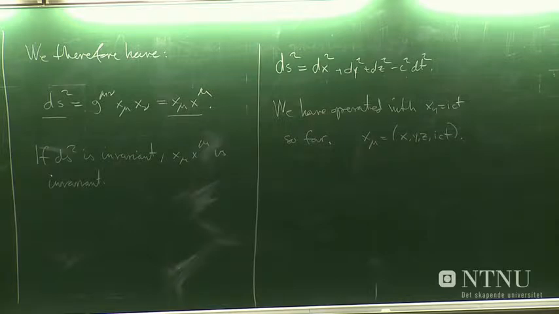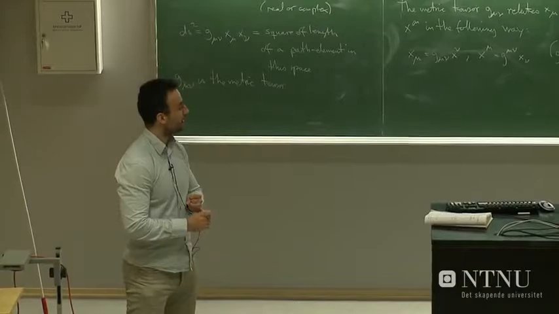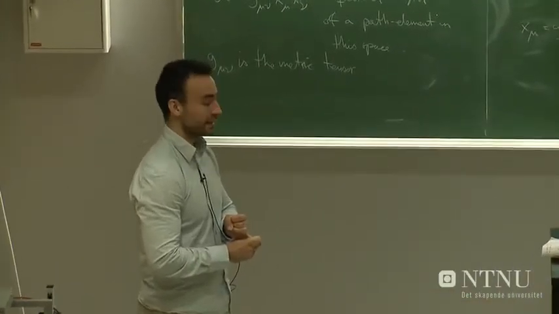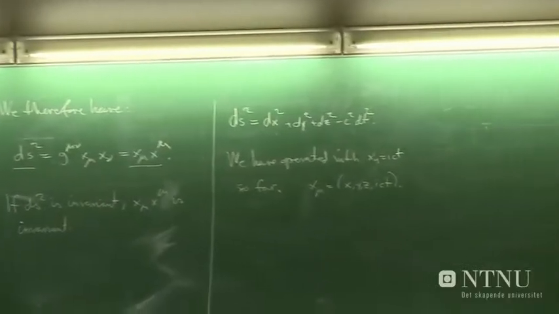And now I have a little task for you. With this choice of our 4 vector, what is the metric that we have used? In other words, find the matrix G. So take a minute to do that.